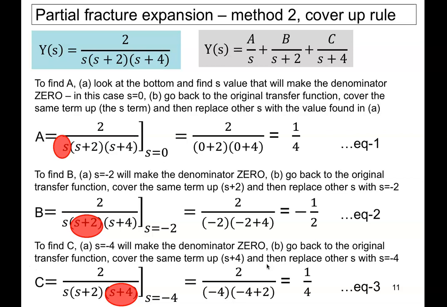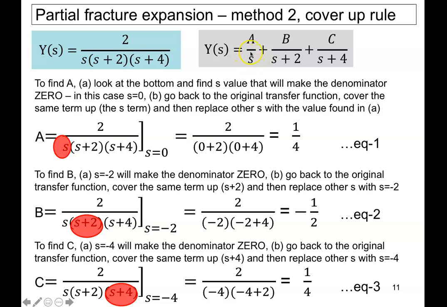Now, think about this. This is my original fraction. I need to break that down into a over s plus b over s plus 2 plus c over s plus 4, but I need to find the values of a, b, and c. Cover up means if you want to find the value of a, the first thing you look at is what's in the denominator of that term.